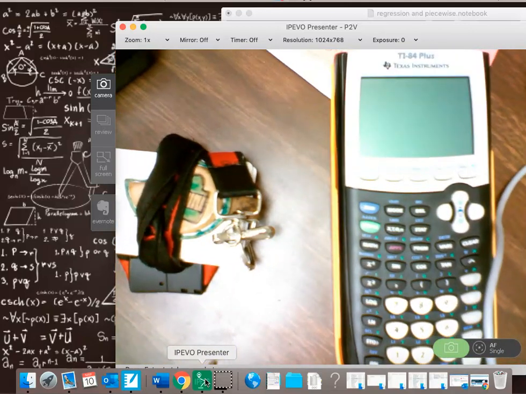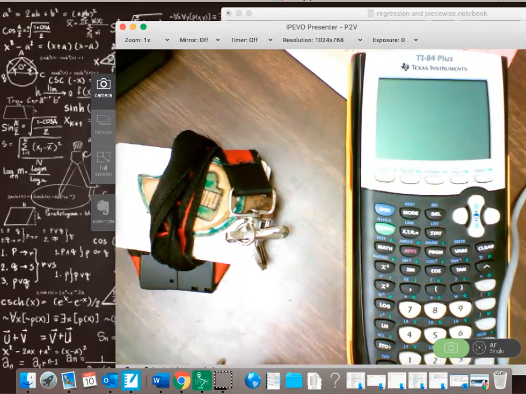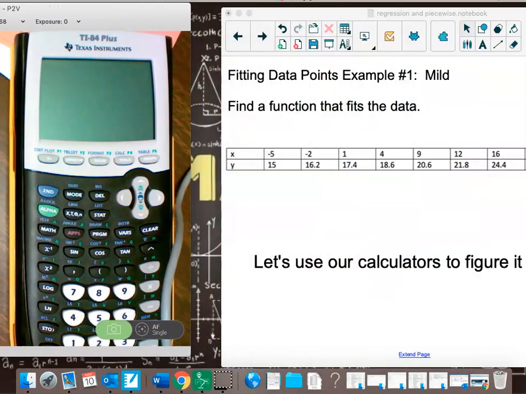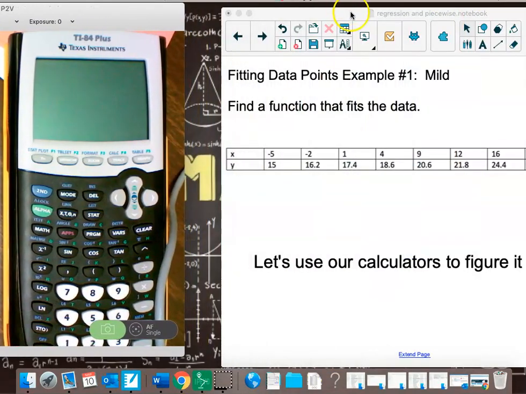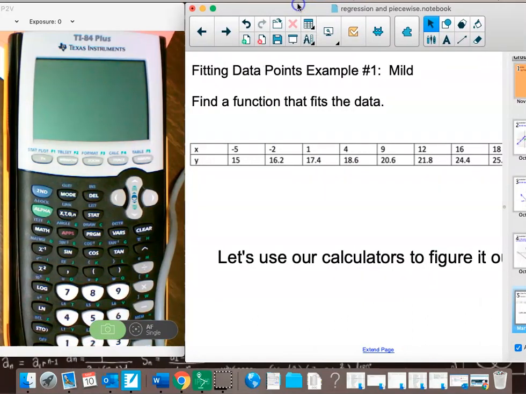This over. Where are my keys? Okay, so here's what's going to happen. Shh, quiet down, please.